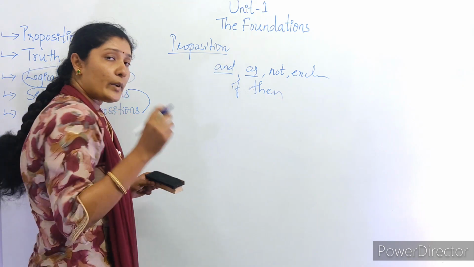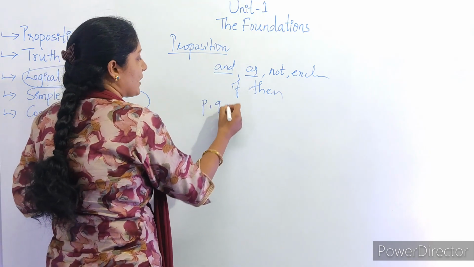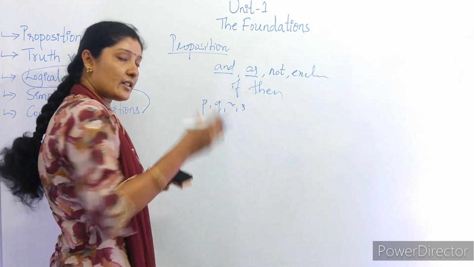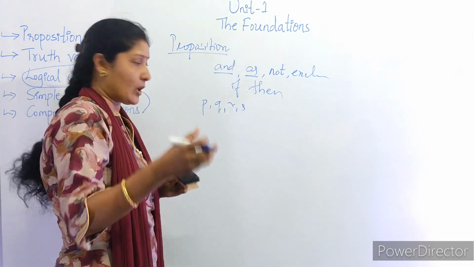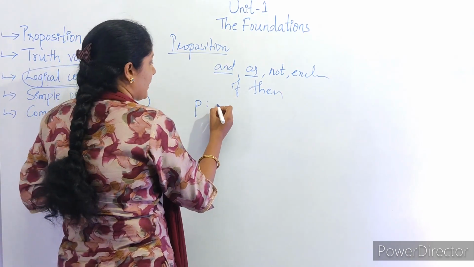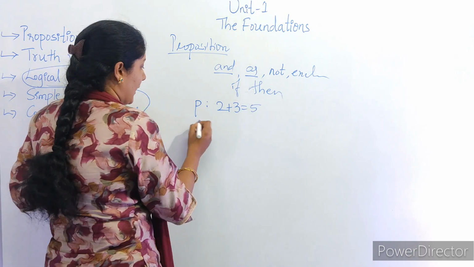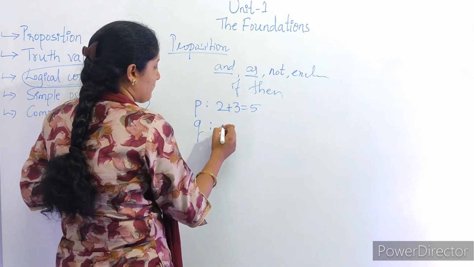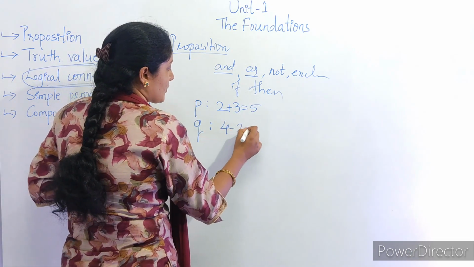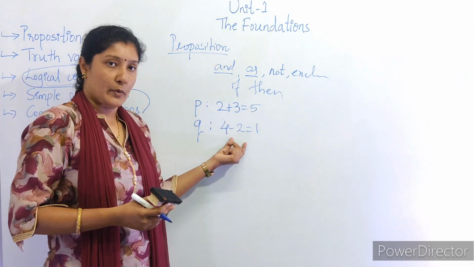Usually we represent propositions using small letters like P, Q, R, S. Whatever letters we use, we use them in small letters only. So now, let me write P. P is 2 plus 3 is equal to 5. And Q is 4 minus 2 is equal to 1. So these are the two propositions.